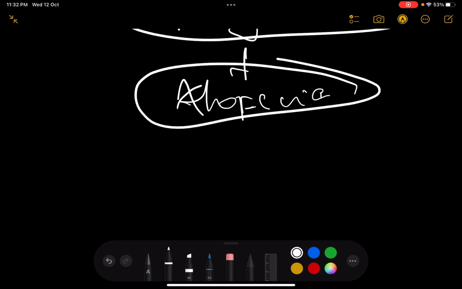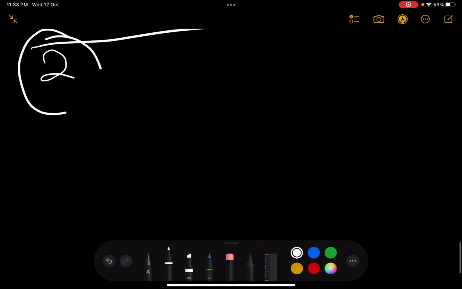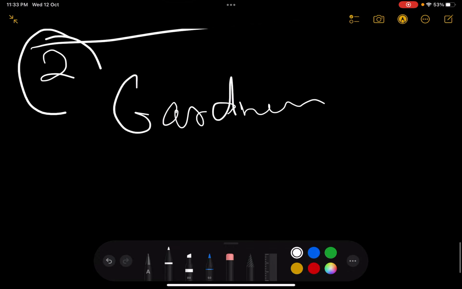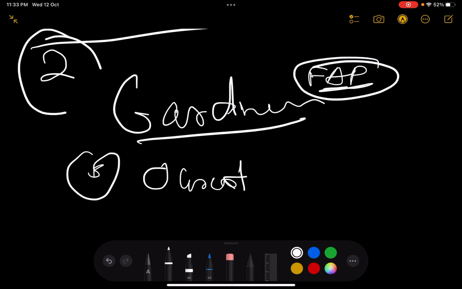Another, because we are just talking about hamartomatous polyps, I did not talk about these two disorders. Again, they are genetic. One is Gardner syndrome, and the other is Turcot. Now, in Gardner, you have FAP, that's familial adenomatous polyposis. Plus, there are some osteoid deformities, and there's a dermoid cyst.